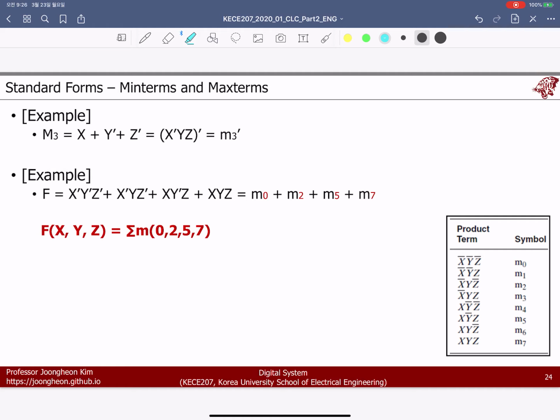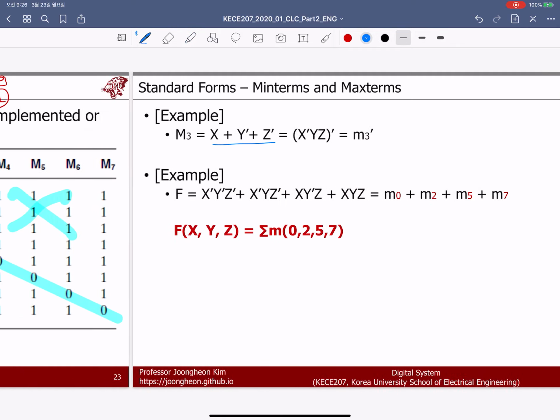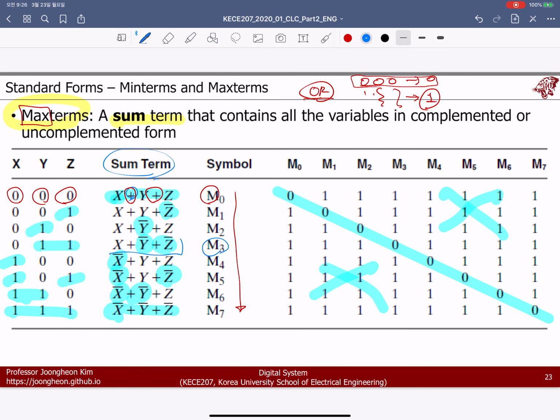So, then it's time to see the relationship between the max term and min term. Here, this might be M3, right? In M3 we have x plus y complement plus g complement.